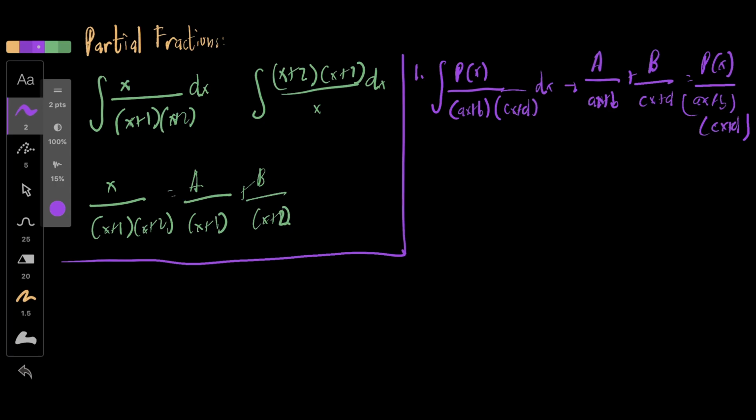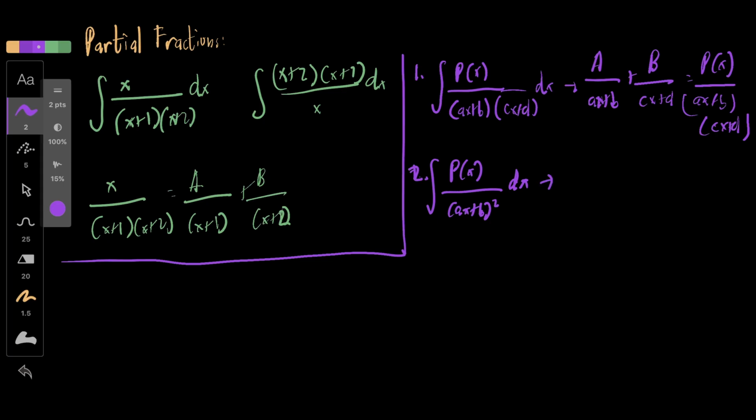But what if instead of these being distinct factors, they were the same? What if we had p of x over ax plus b squared dx? And just so you know, this method will apply to any power, but I'm just going to show you for squared.